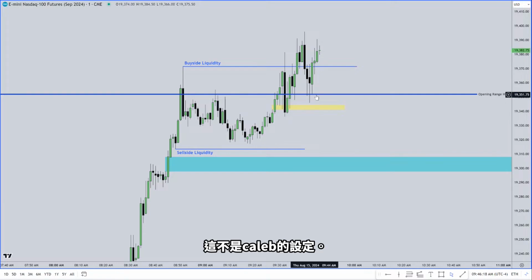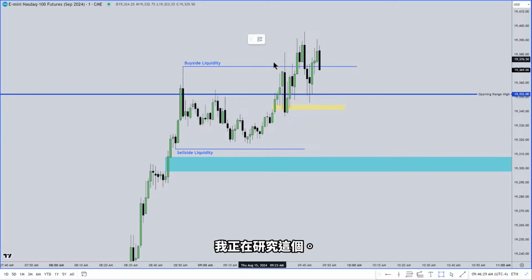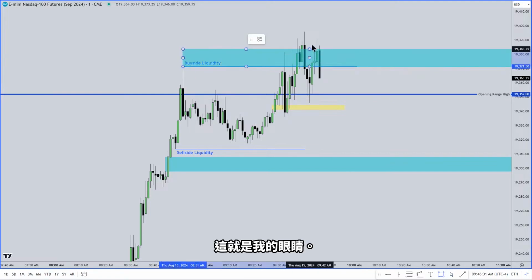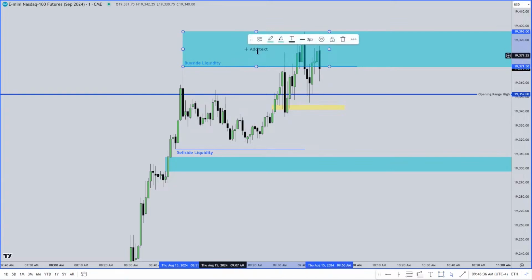That's not Caleb's setup. It's just we're studying delivery, how it behaves. Is it able to hold on to these levels once they're being booked? I'm studying this. This is where my eye is. I'm looking at how price is held above here.